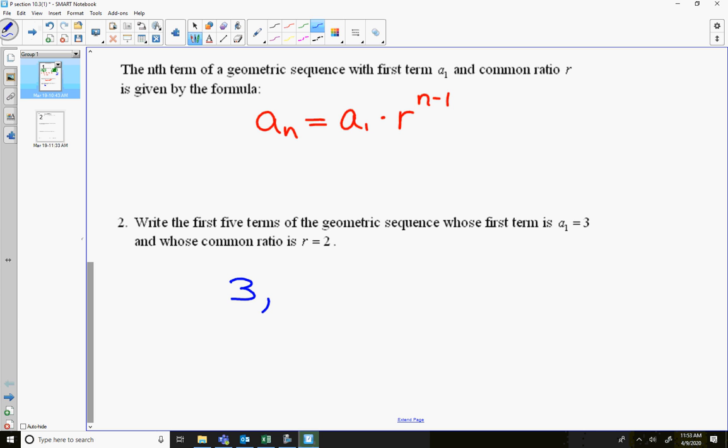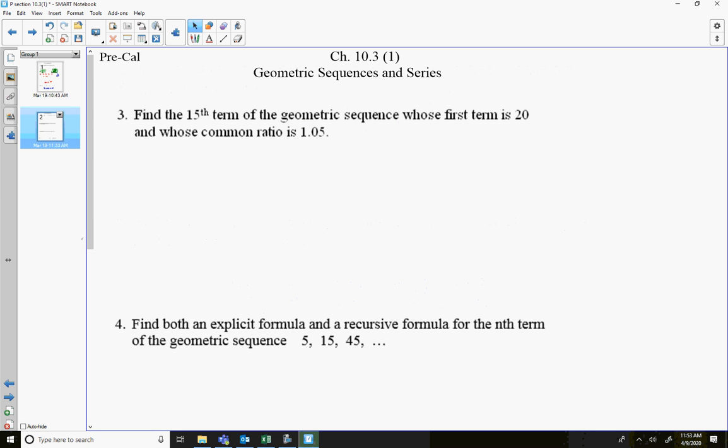Common ratio is 2, simply means multiply by 2. So 3 times 2 is 6, times 2 is 12, times 2 is 24, one more, times 2 is 48. Easy enough.